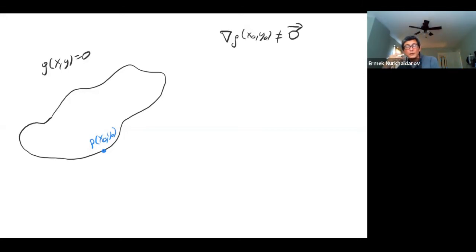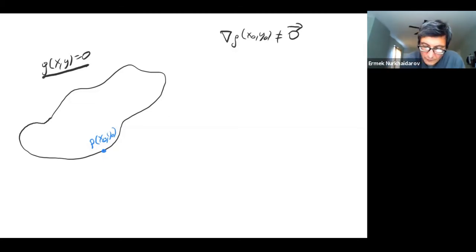So what it tells you is that you can find an approximation to a function at this point. Somehow you will be able to find, on a small interval around the point P, an approximation to the function which gives you that g of x, y equals 0.